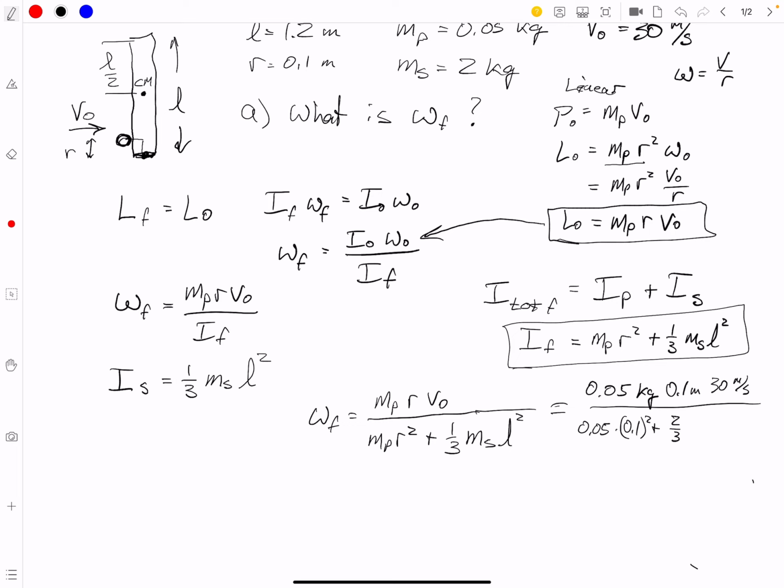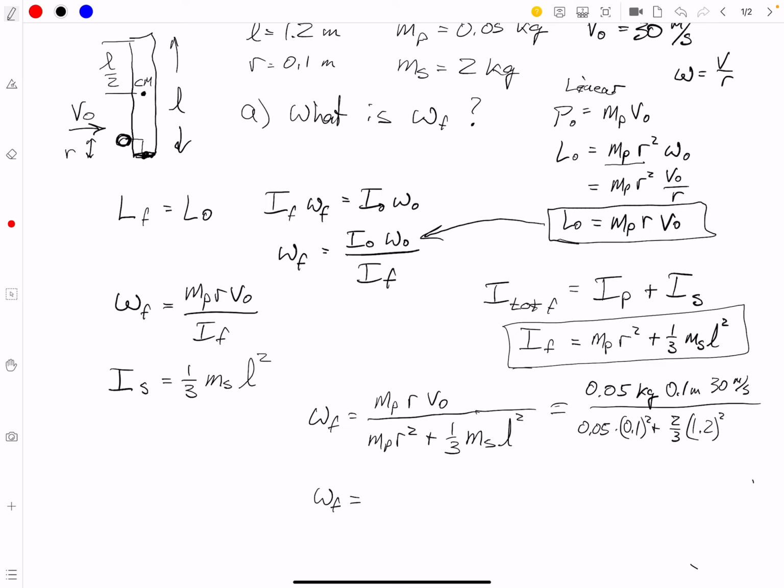So mass of stick divided by 3 is 2/3, and then our length of the stick is 1.2 meters squared. Okay. Let's plug that all together. Normally I'd have you guys do this. Making me work. Okay. Can do.